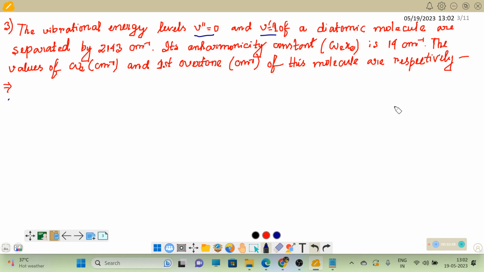You can see from the ground state to here, from 0 to 1. Sorry about my bad drawing, but understand that it is 0 to 1, which means it is a fundamental transition.